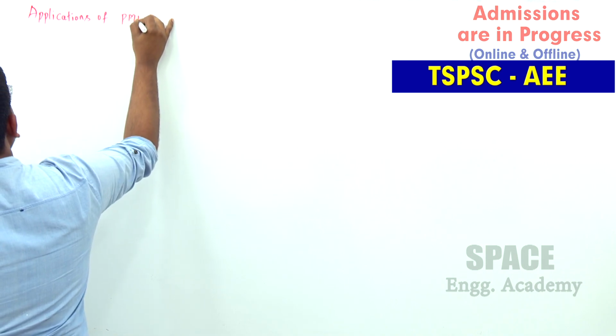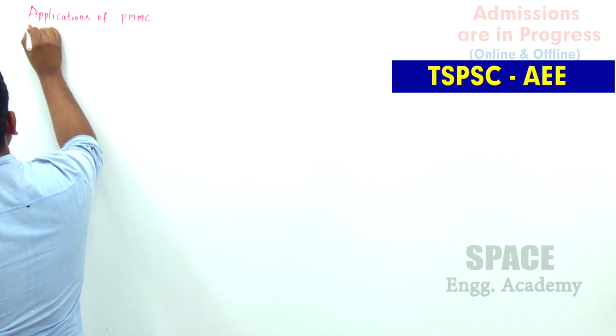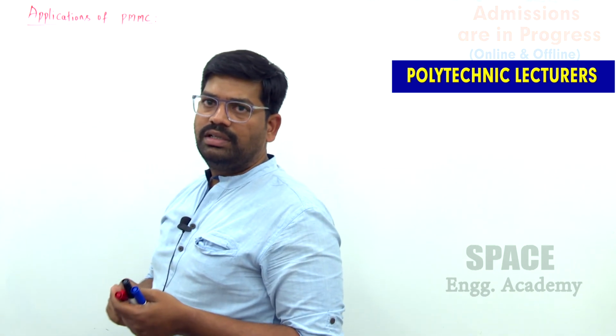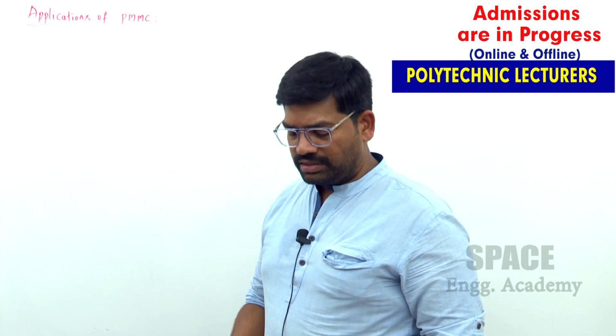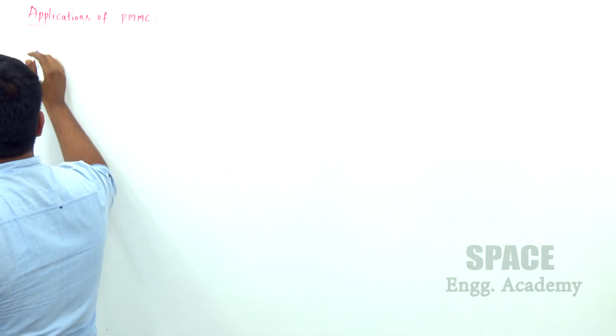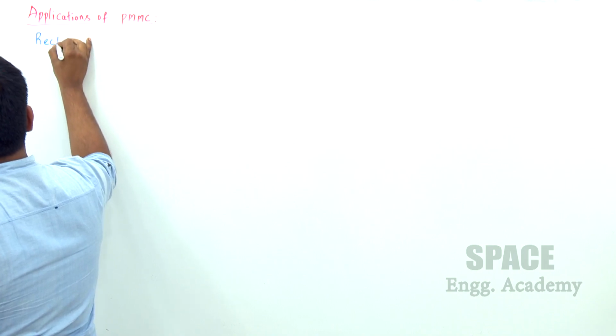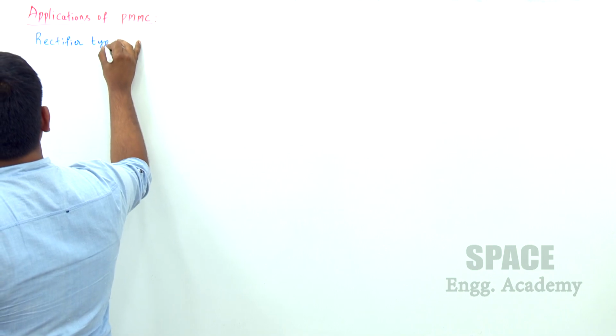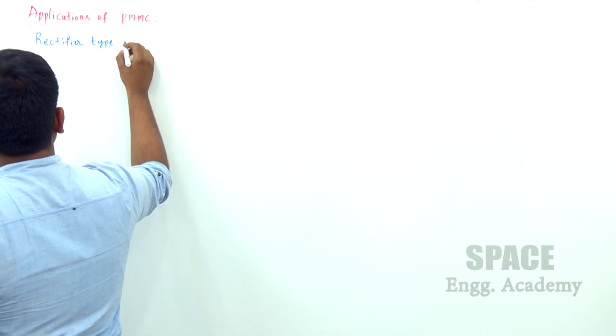PMMC. So we generally use it at the output side of rectifier type instruments. Got the point? These are electronic kind of instruments, but the output of a rectifier is a DC quantity.